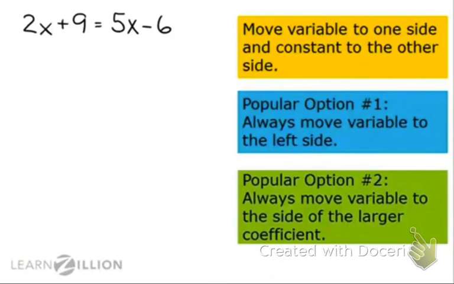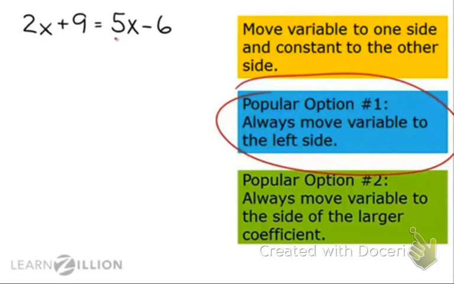When we have variables on both sides of the equation, we need to decide what side we're going to put the variable on and what side we're going to put the constant on. Essentially, using inverse operations, we're going to combine or collect like terms. There's two ways of doing it. I'm going to show you the first way, which is popular, option 1, where we always move the variable to the left side. So in this case, I need to move the 5x over to the left side.